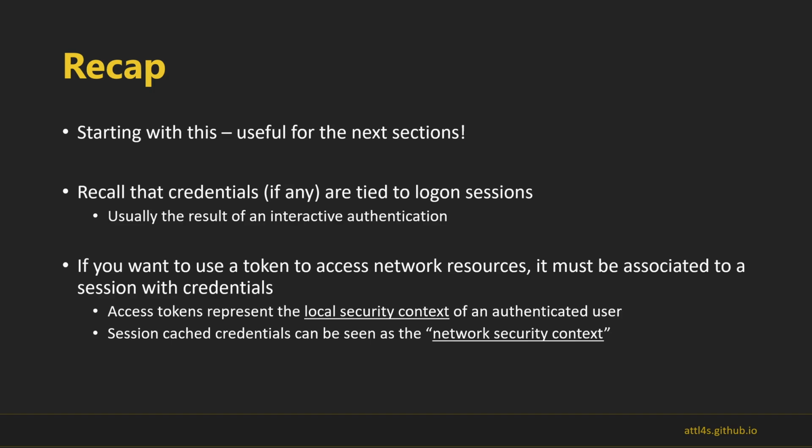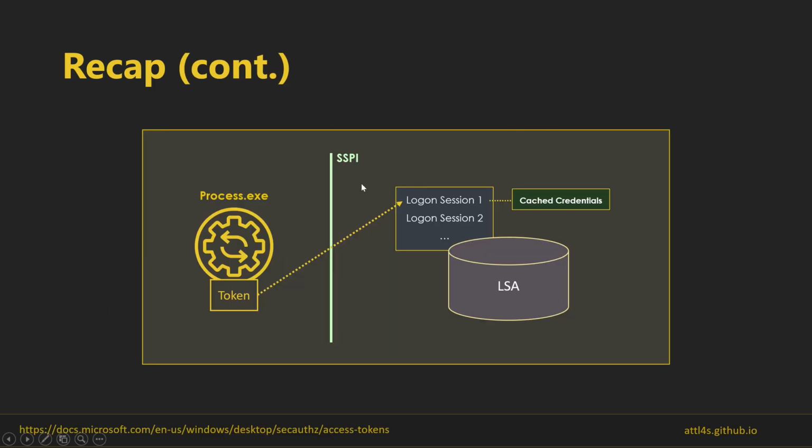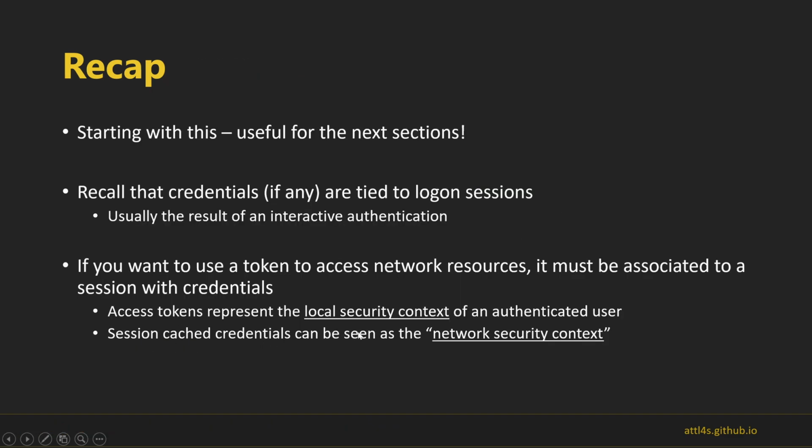If we want to use a token to move laterally or to access remote resources, we are going to need that token to have a linked logon session with cached credentials, because cached credentials can be seen as the network security context of a process.